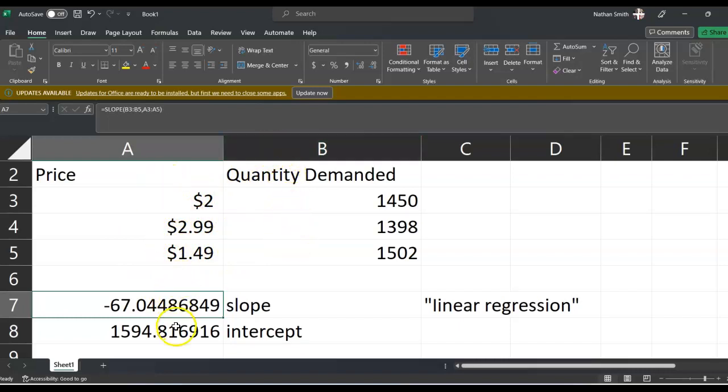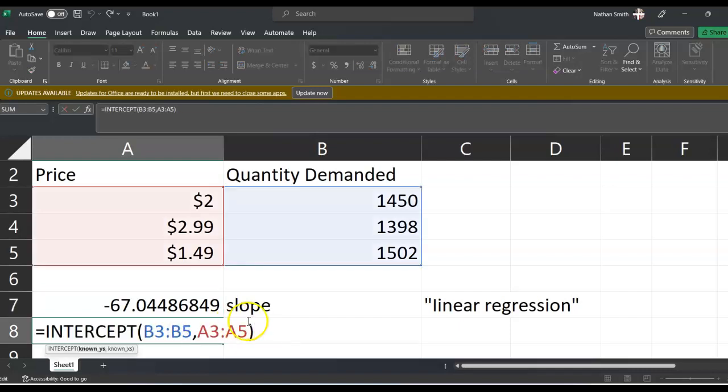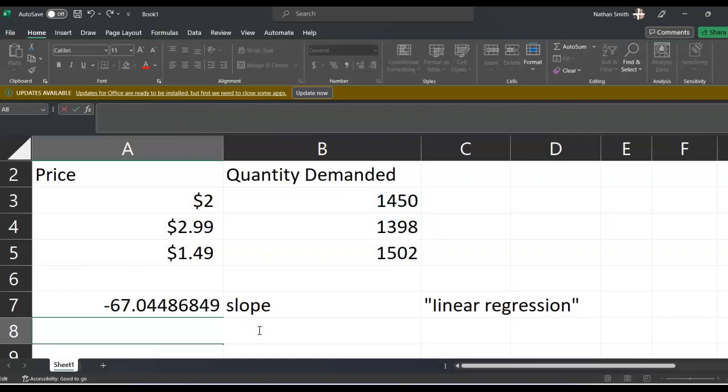It gives you the slope of a line equation that relates the quantity demanded to the price. Now, to run a linear equation, you might remember from high school that you also need an intercept. Well, luckily, Excel has a function for that called intercept. So again, let me show you how to do that if you're new to Excel. You would type equals the word intercept, left parenthesis, right?